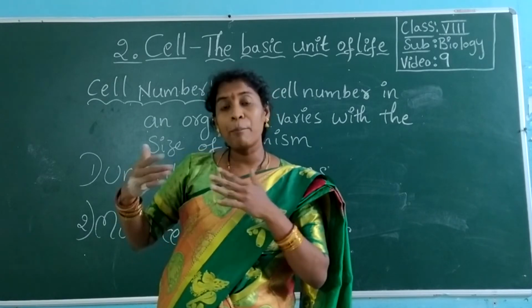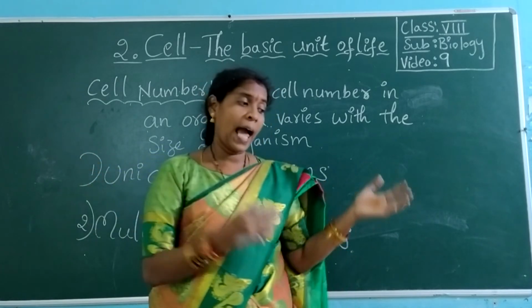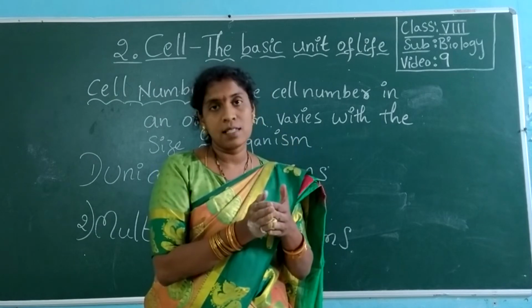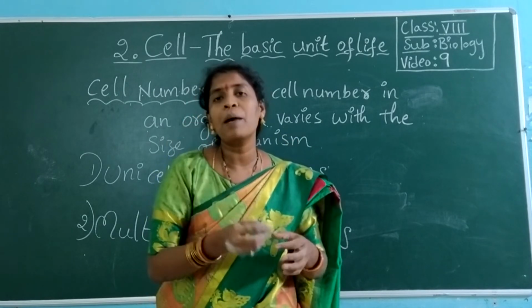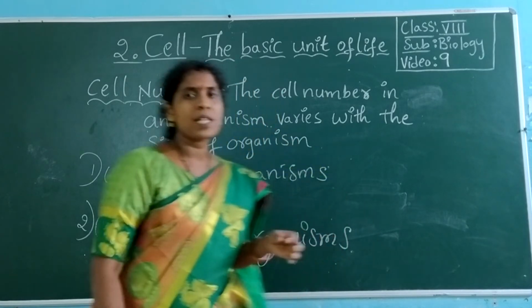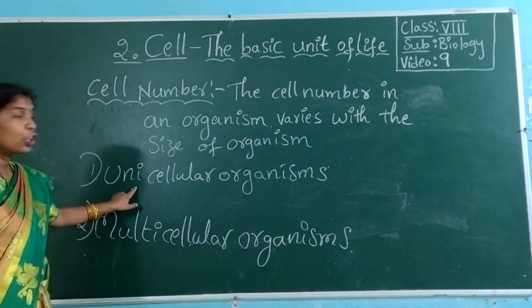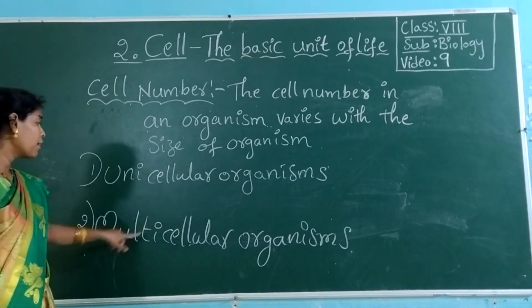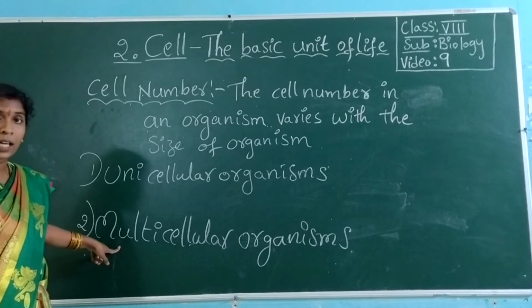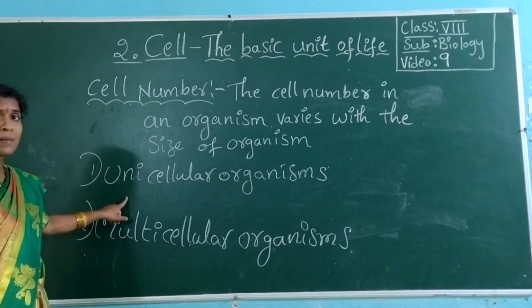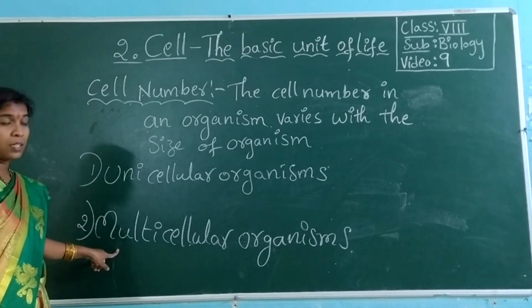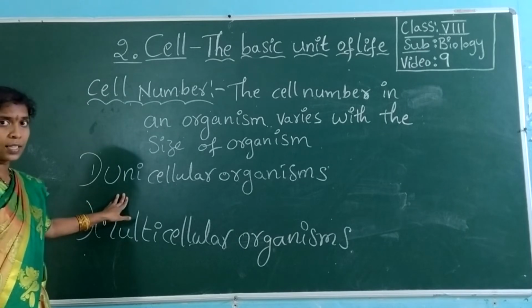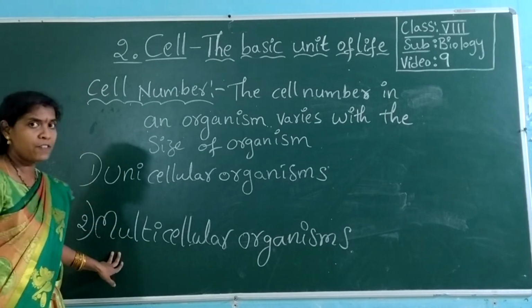In an elephant the number of cells is more, in an ant the number of cells is less. Based on the number of cells, organisms are divided into two types: unicellular organisms and multicellular organisms. What are they? What are unicellular organisms and multicellular organisms? We see it now.